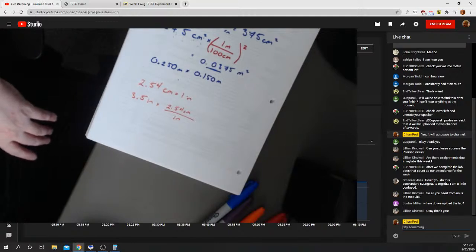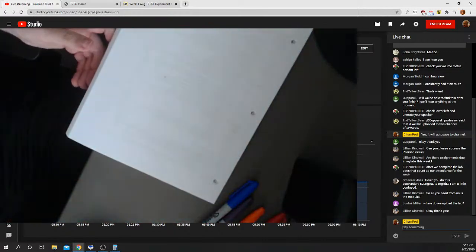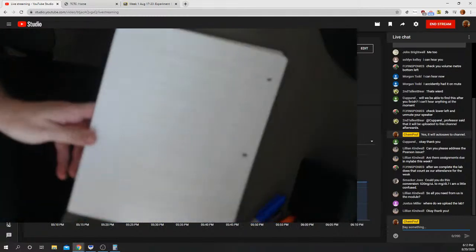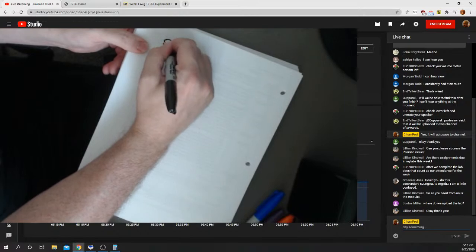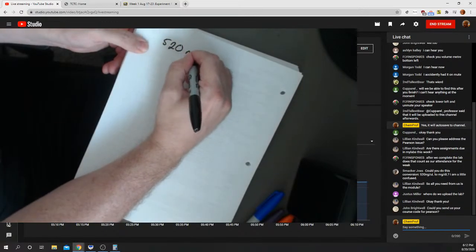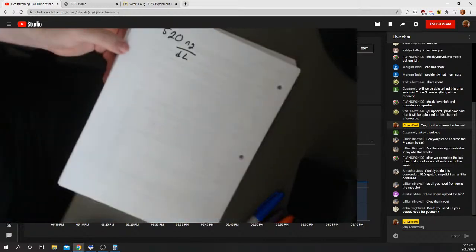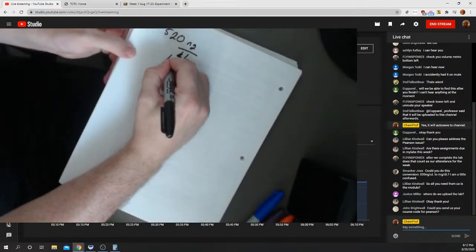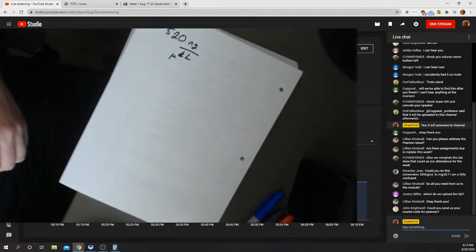520 nanograms per microliter to milligrams per deciliter. All right, that is actually an excellent thing for unit conversion. You're doing two separate conversions. You don't need a course code, John.